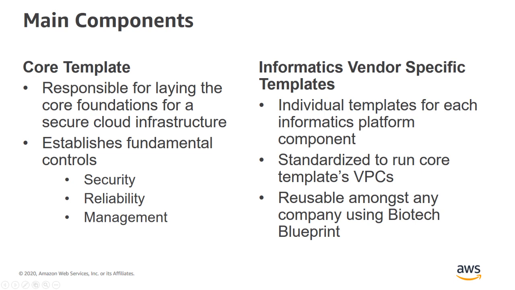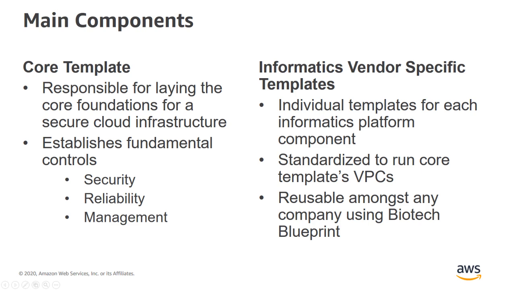I'll show you at the end of this what it looks like, but the idea is if you need things like ChemAxon or you're looking to run Nextflow pipelines, we've bundled up those deployments into Service Catalog that you can deploy into your blueprint after the deployment's complete. That's totally optional, but it can help you get to running omics pipelines or chemistry compound databases in place in just a matter of minutes.